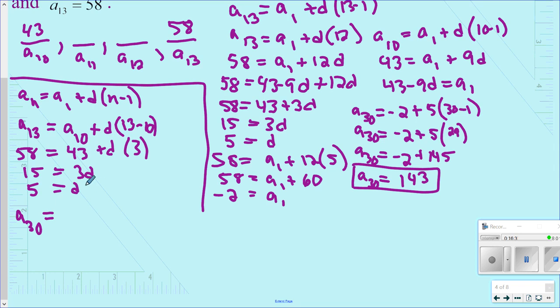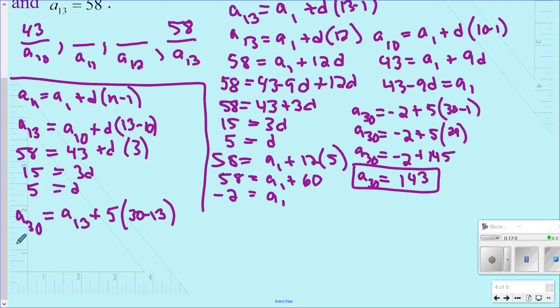And again, I could use the 13th or the 10th, it doesn't matter, but I'm going to put the 13th, that's where I want to start it, okay? So I'm putting the a sub 13 in the a sub 1 spot, plus d, which is 5, times, now again, it's normally n minus 1, but we have to adjust that because 30 is in the n spot, and 13 is in the 1 spot. So I'm doing 30 minus 13.